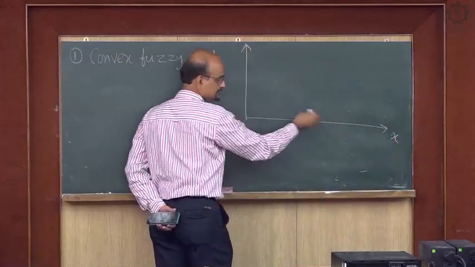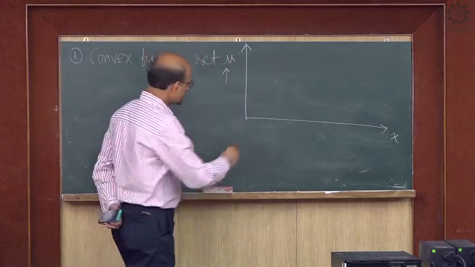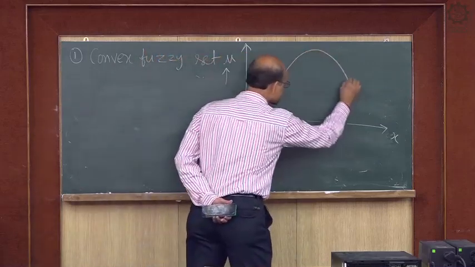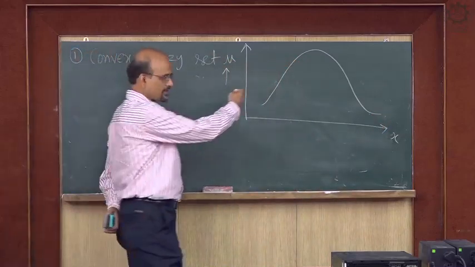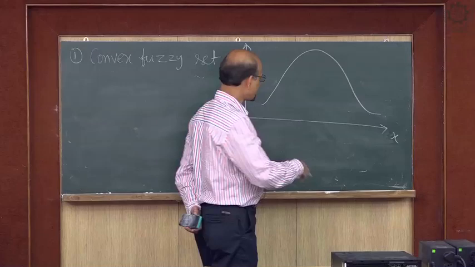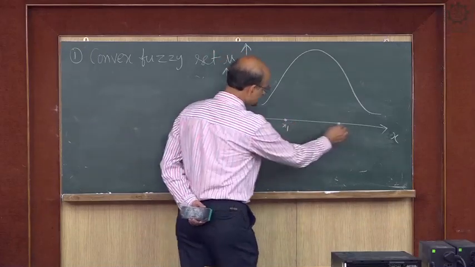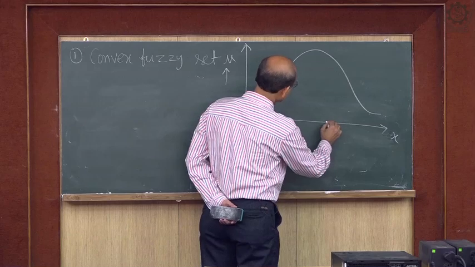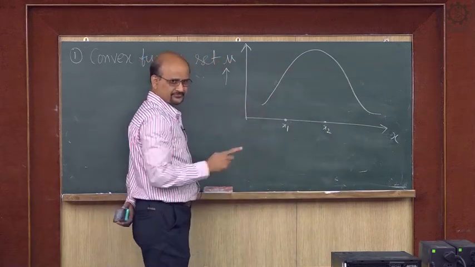So, x is this side and this is your membership function mu. Okay. Now, suppose your fuzzy set is like this. Okay. We had this type of shape earlier also, we had given examples. Suppose I take 2 points x1 and maybe here x2. Okay. So, I have to see its membership function.